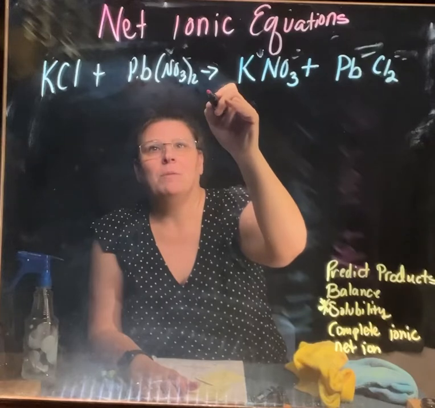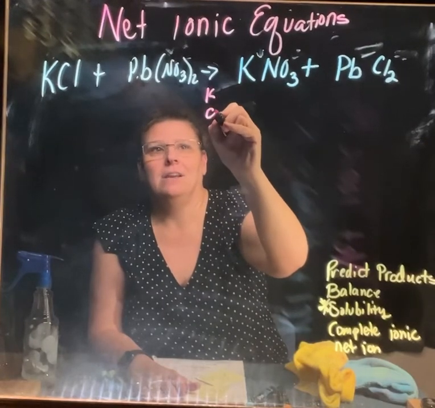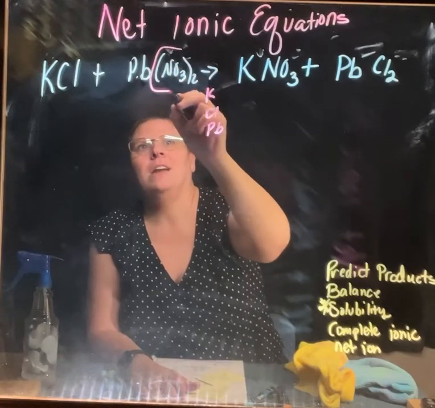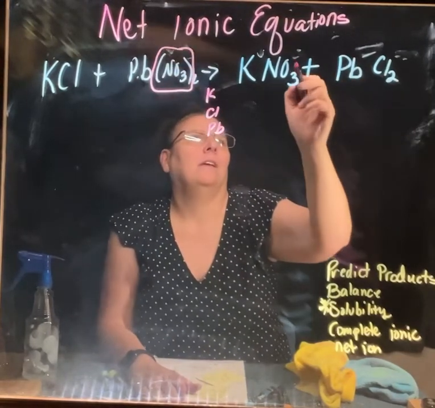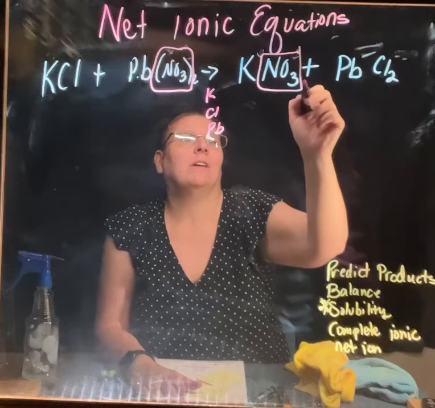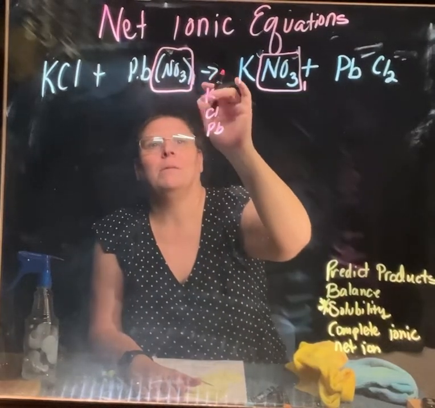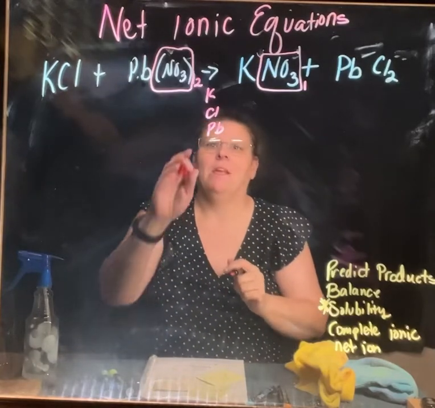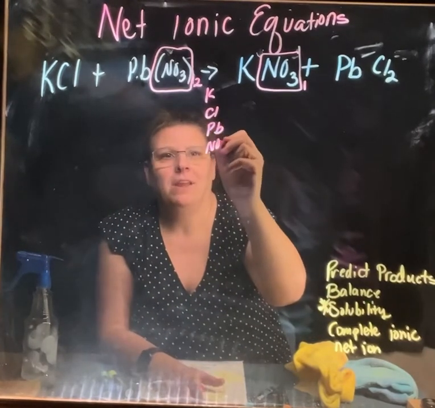What I like to do is put KCl, Pb, and then because of this nitrate being exactly the same over here, I can put it in a box and keep my subscripts out there. So I'm going to keep that as one whole thing, nitrate.